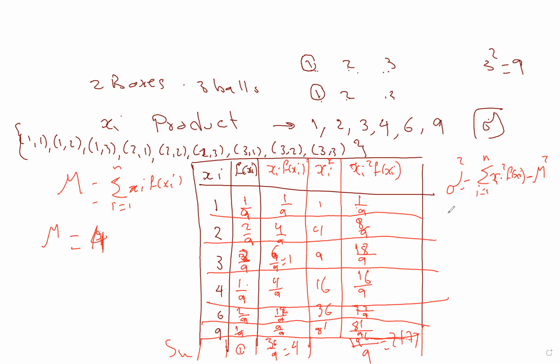So sigma squared will be 21.77, the sum, minus mu squared, which is 16. It will be 5.76. Okay, we need the standard deviation. Sigma equals the square root of this one, which is 5.77.